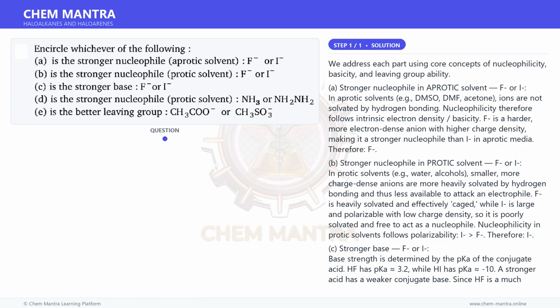CH3COO⁻, acetate, is derived from acetic acid, pKa 4.75, a much weaker acid, so acetate is a poorer leaving group. The more stable, weaker base anion is the better leaving group, CH3SO3⁻ over CH3COO⁻. Therefore, CH3SO3⁻.